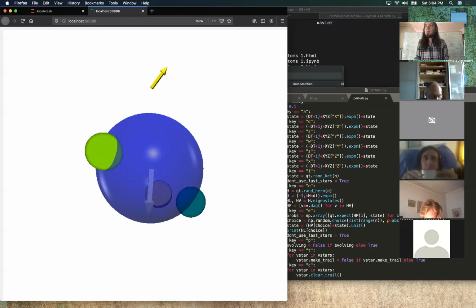Yeah, I guess that's not exactly what I meant, because you're saying the system has a basis, but I'm pushing you about whether the Hamiltonian has a preferred basis in which you're randomizing.